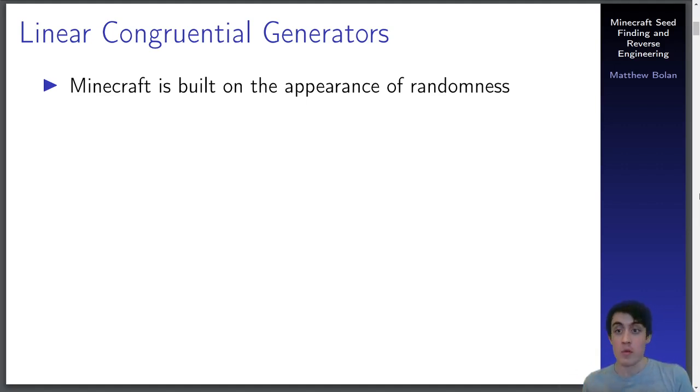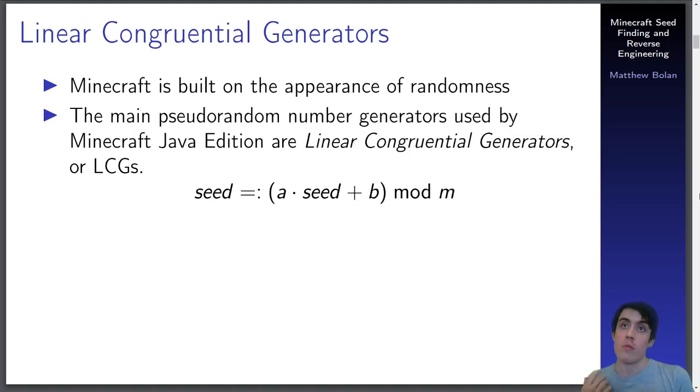And so the number one solution to this is to just fake it, right? So the way that we fake it is called a pseudo-random number generator. And a pseudo-random number generator is exactly what it sounds like. It's something that behaves predictably, but to any human looking at the numbers that it spits out, the human won't be able to tell that there's any pattern in those numbers that are spat out by the generator.